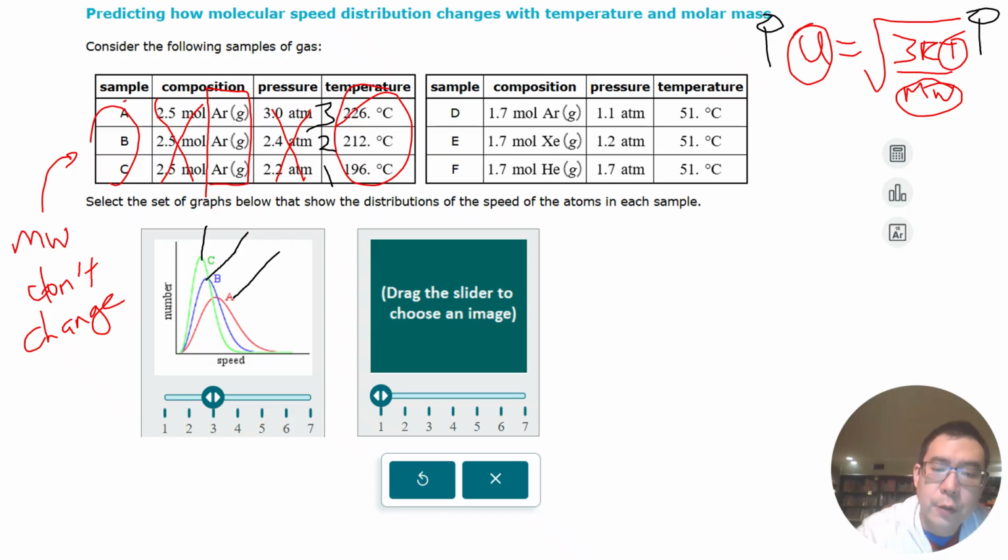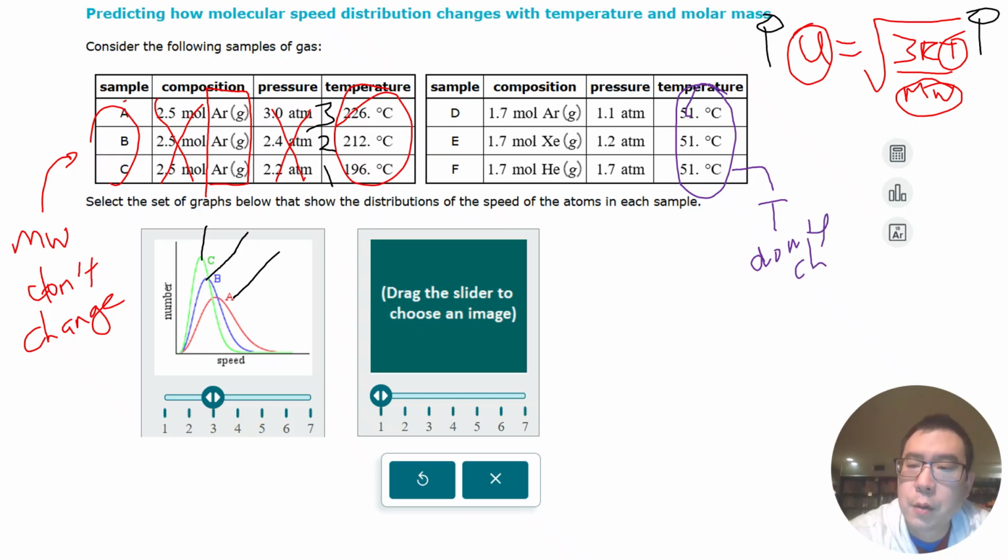Okay, so now when we look at the second group, we find that the temperature is all the same. So the temperature doesn't change. What changes? What changes is the composition. Right? And so as the molecular weight goes, how do we get an increase in U?